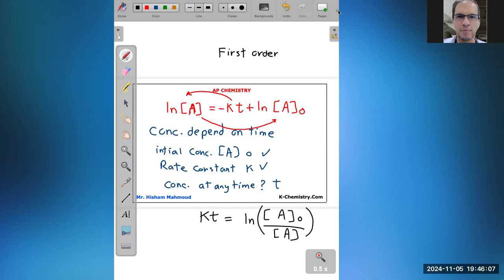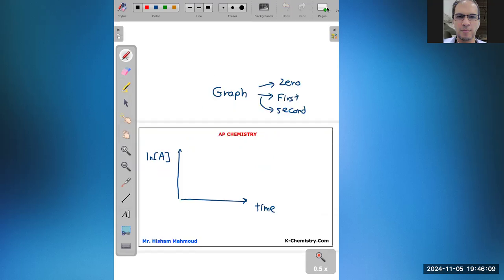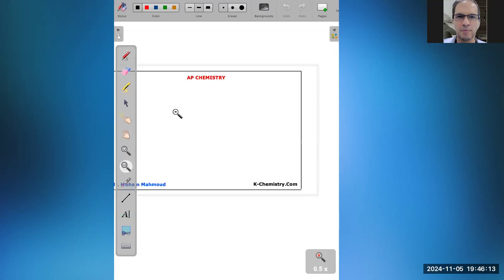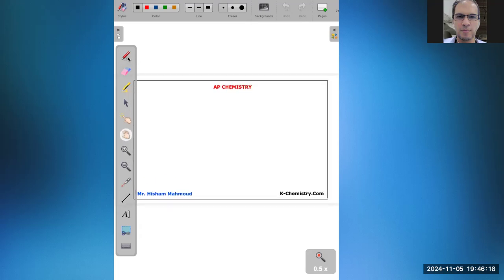So let's have an example, with the same reaction that we have used: N2O5 breaking down into 4NO2 plus O2.